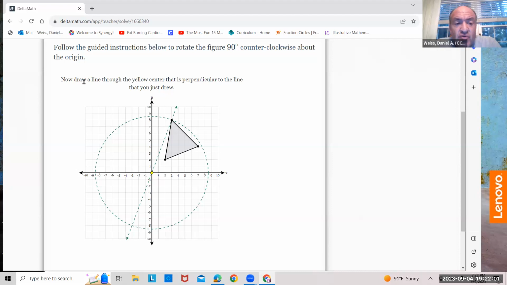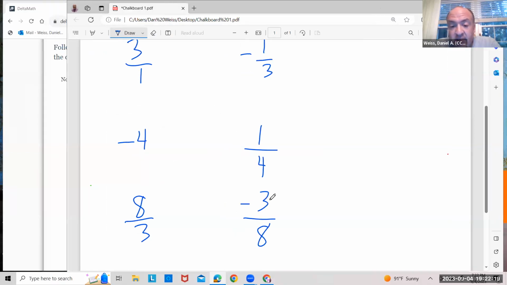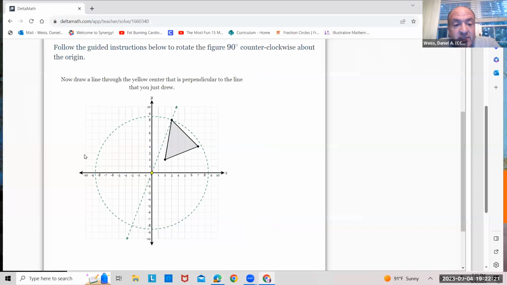It says, again, draw a line through the yellow center that is perpendicular to the line you just drew. So I'm going to go down 3, because we said the slope was negative 3 over 8. From this point, I'm going to go down 3: negative 1, negative 2, negative 3, and over 1, 2, 3, 4, 5, 6, 7, 8.